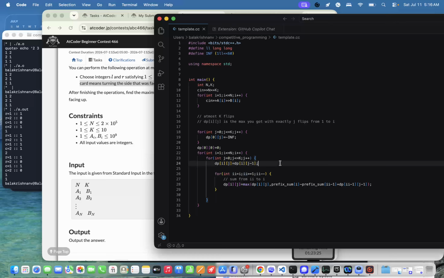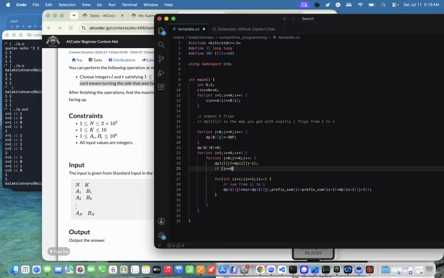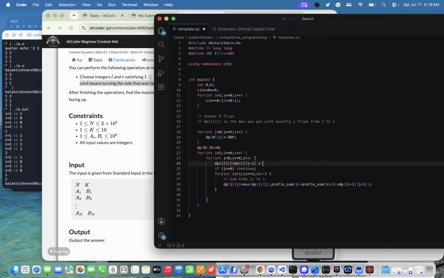Okay, if j equal to 0, obviously continue. Plus you did not flip, so it's just going to be a of i.